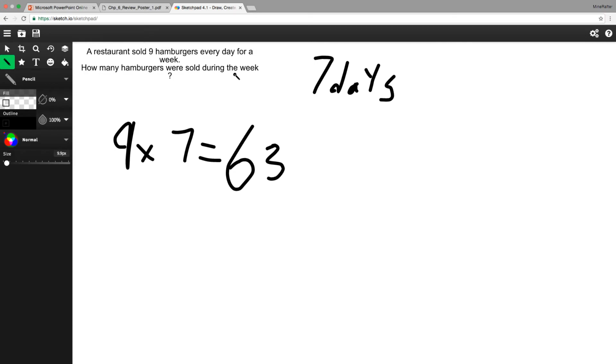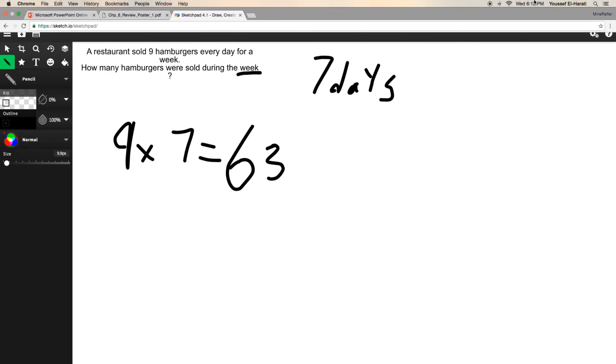And if each hamburger was like $5, you have to find out how much was in a day. 9 times 5 is 45, so $45 a day. Then you do 45 times 5 to get how much money they earn a week from each day. So that's how you do a multiplication word problem.